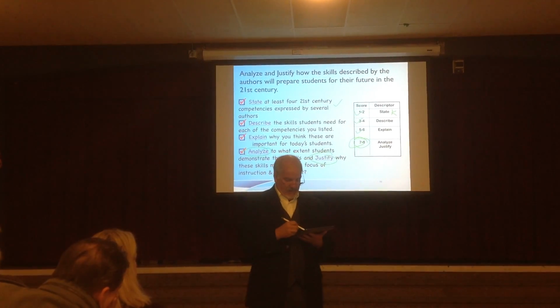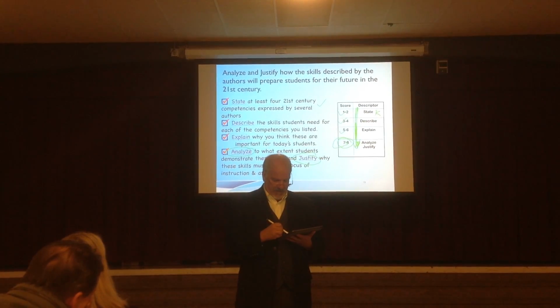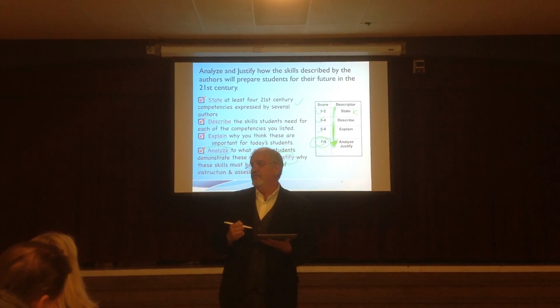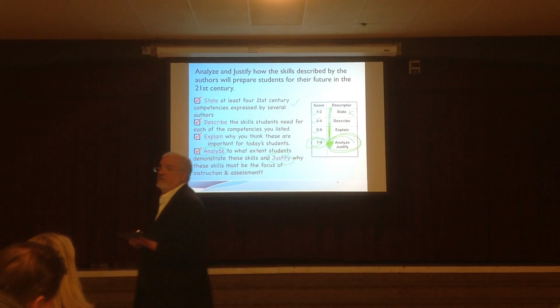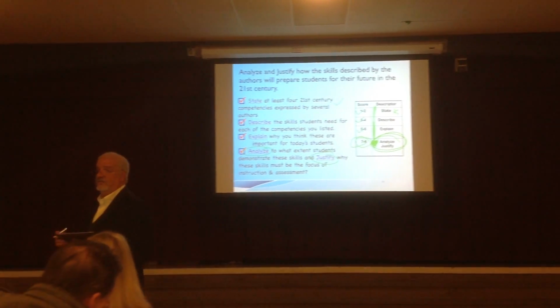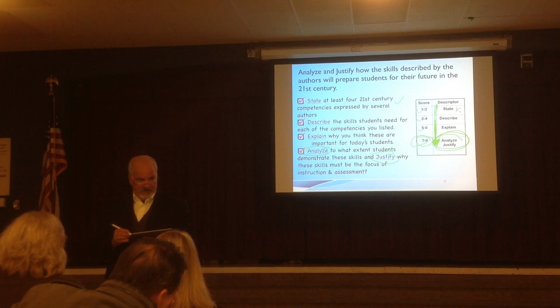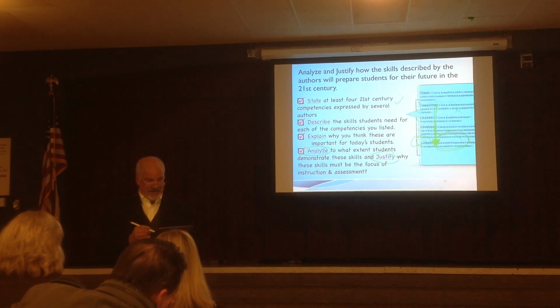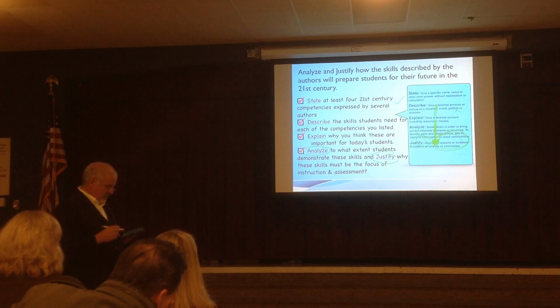What we're working with is to get kids to go all the way to the highest level, because we know this is what they're going to have to be able to do in post-secondary. So I wanted to use that just as an illustration for what's different about it.